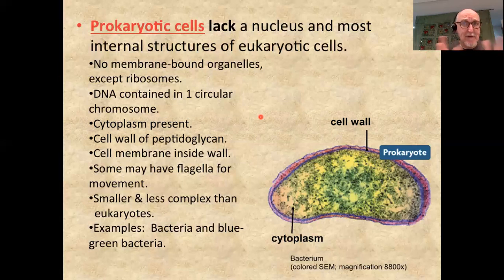So the cell membrane is on the inside of the cell wall. Bacteria may have numerous other things associated with them. They may have flagellae, all sorts of extensions from the cell that penetrate through the cell wall and out, all sorts of things that we'll talk about in a minute.